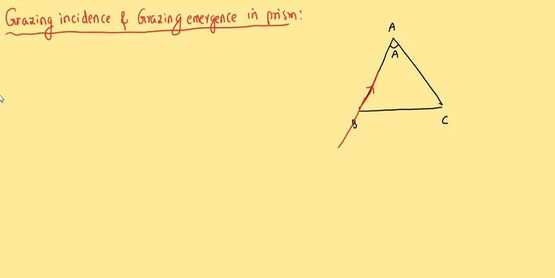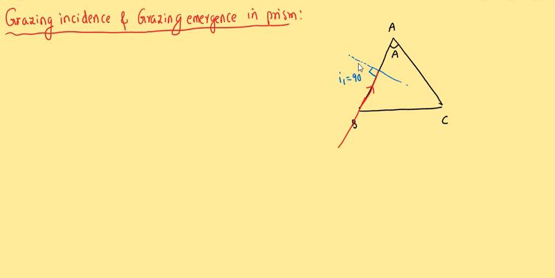After the refraction, this is the normal drawn here. And here the angle of incidence will become 90 degrees because the light ray is incident along the surface. If the light ray is incident along the surface, that is called grazing incidence. You see here the light ray incident along the surface, the red line, is called grazing incidence, and the blue line is the normal drawn.